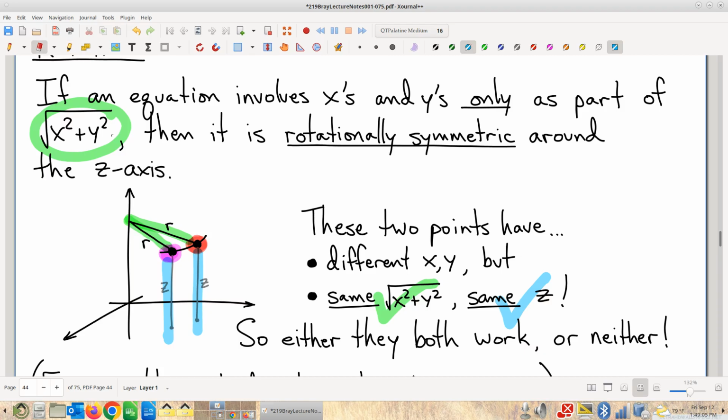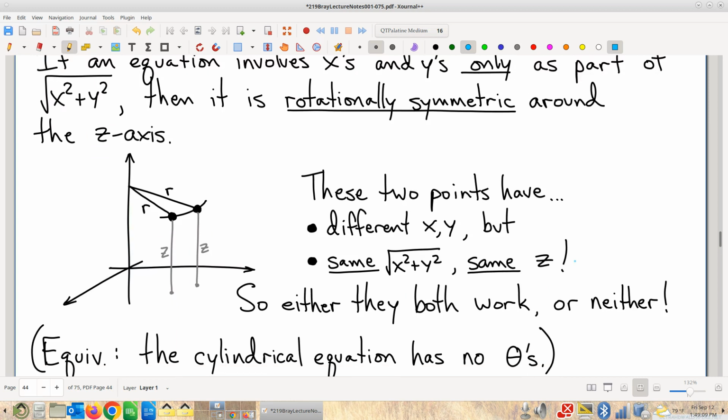Let me show you a different take. Same conclusion. Another nice way to think about it is to think about what the cylindrical equation would look like. Let's think that through for a second. We take our rectangular equation and start plugging in formulas, where x is r cosine theta and y is r sine theta. You can see that every time you have an x and every time you have a y, you're going to have r's and thetas showing up.